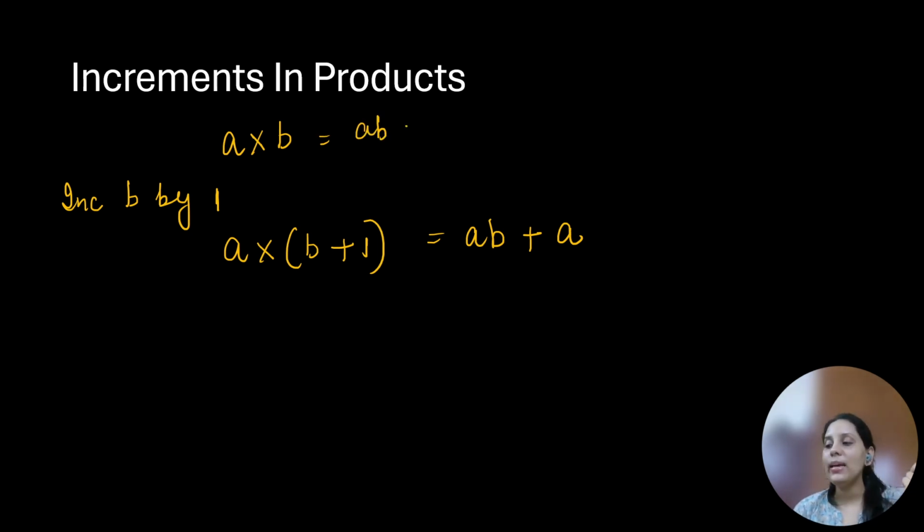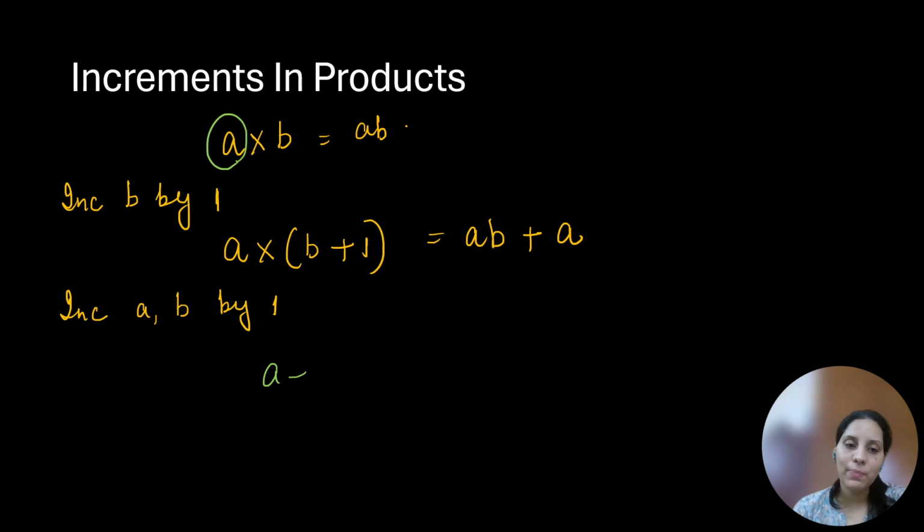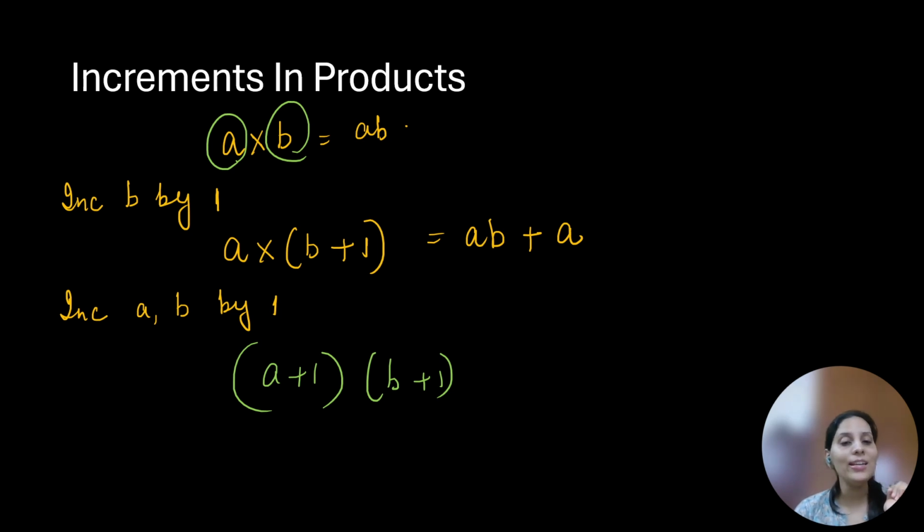Now let me take, if I increase both a and b by 1. So a becomes a plus 1, b becomes b plus 1. Both I am increasing. So what is the final increment?